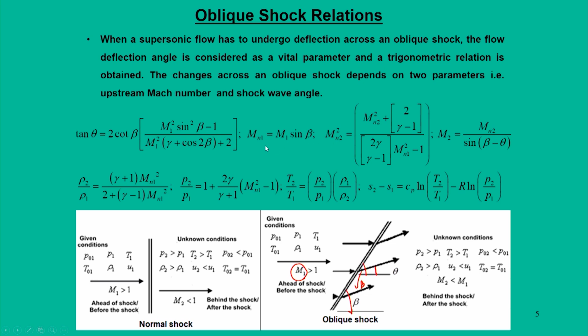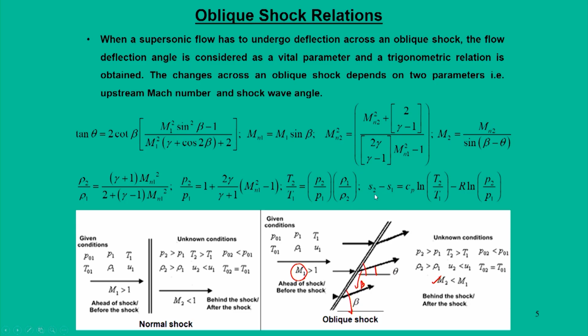This Mn1 and Mn2 decide the equivalent normal shock corresponding to this particular oblique shock. Then we know the relation between beta and theta, and we can get the Mach number M2. Once we know M2, the static density ratio, static pressure ratio and static temperature ratio can all be found corresponding to the equivalent normal shock Mach number Mn1.